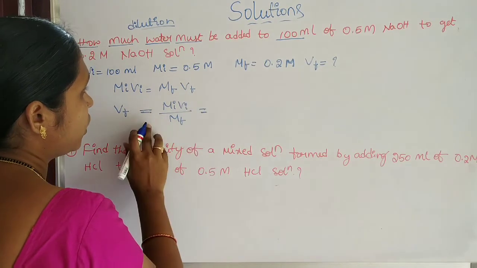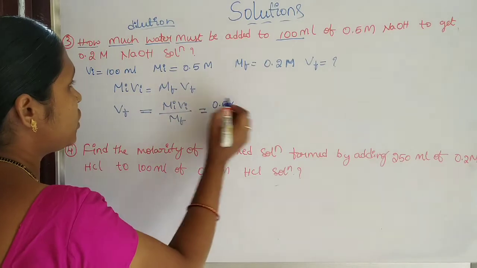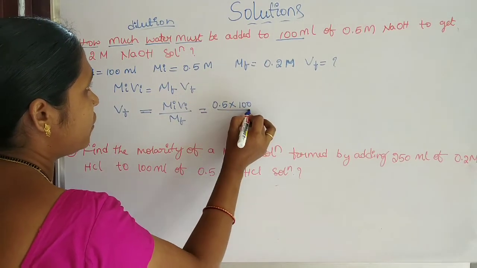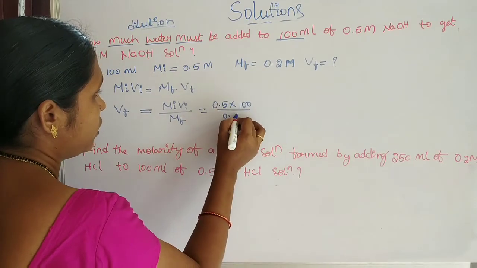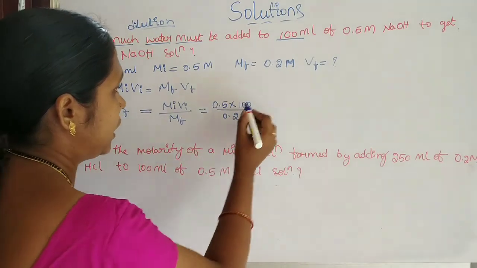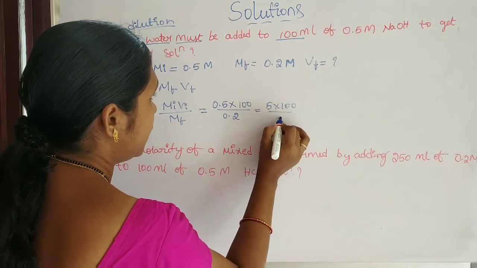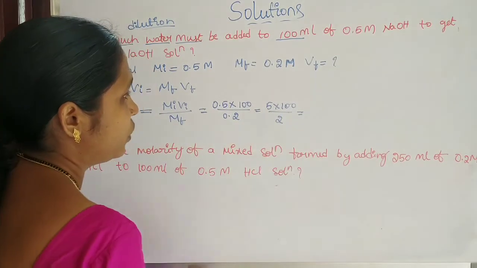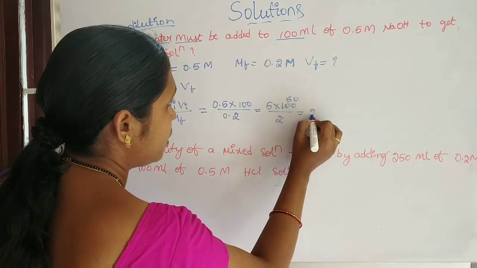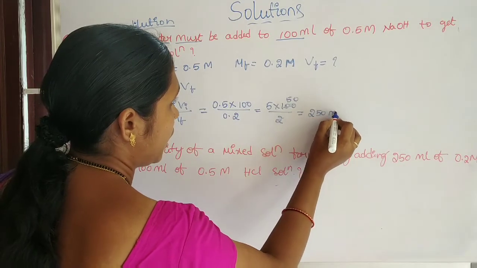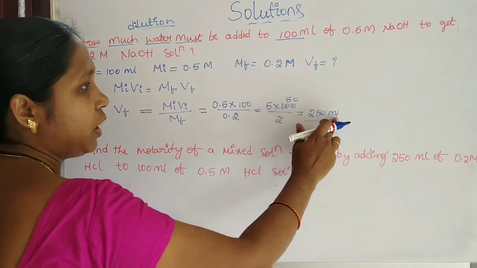That equals, molarity of initial is 0.5 and volume of initial is 100, divided by 0.2, the final molarity. So write here 5 into 100 divided by 2. 2 will be cancelled, 50 times 5, 250 ml. The final volume is 250 ml.